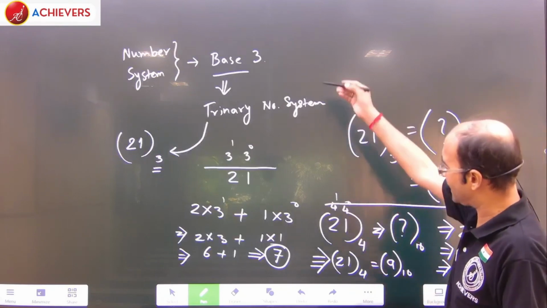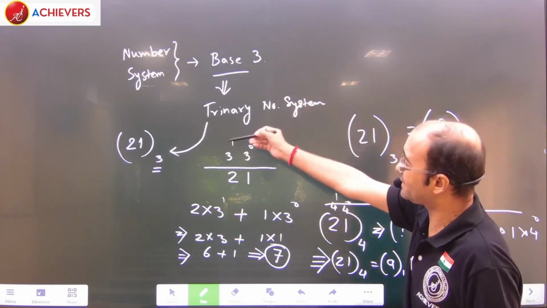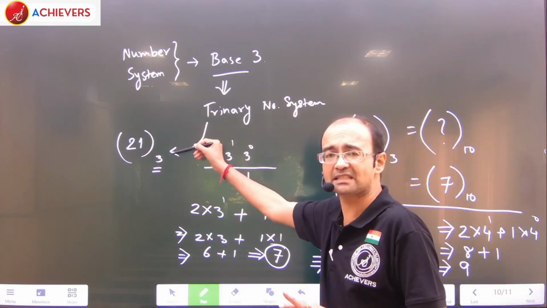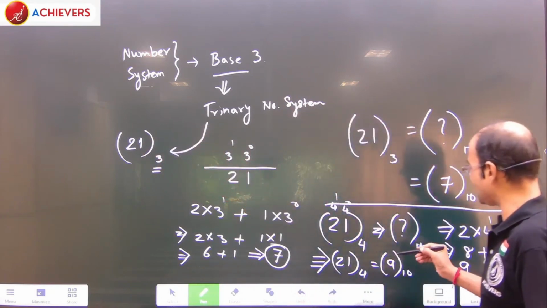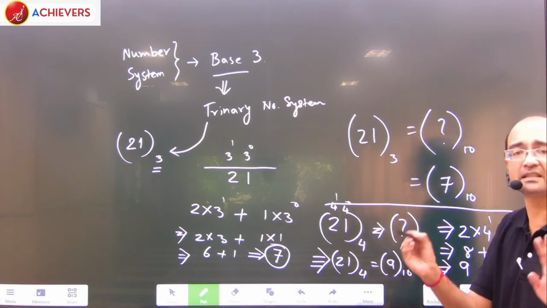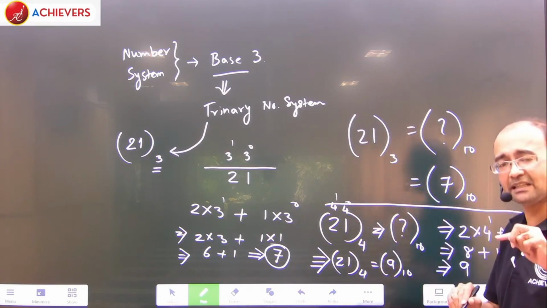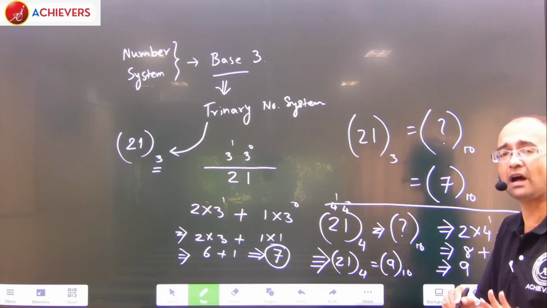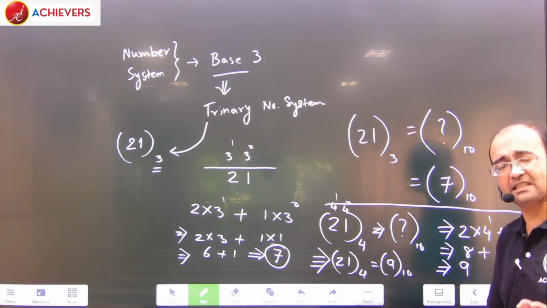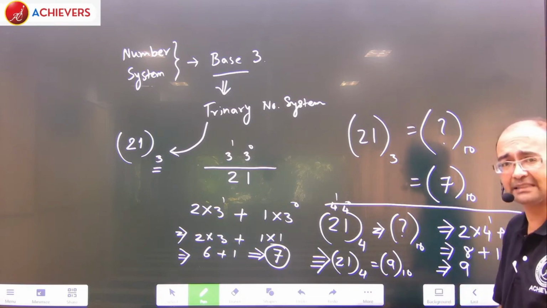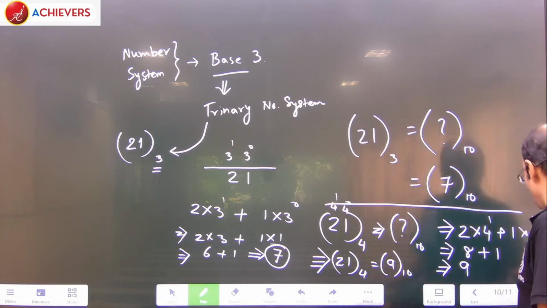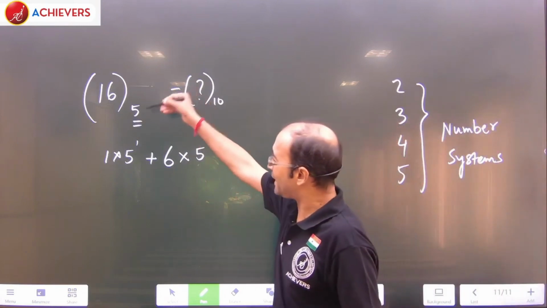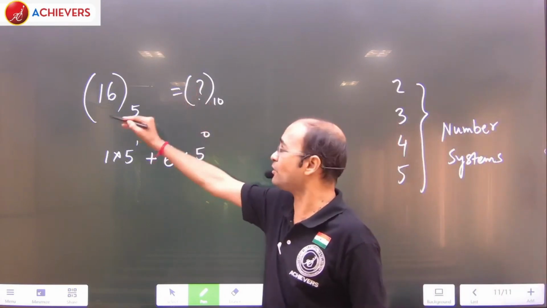In the previous page, you can see that we can represent 2, 1. We cannot represent 3 in the number system 3. Similarly, in the number system 4, we cannot represent 4. In the binary number system, we cannot represent 2. We can only represent 0 and 1. In the decimal number system, we can represent from 0 to 9. So over here, in the pentanary number system, we cannot represent 6.